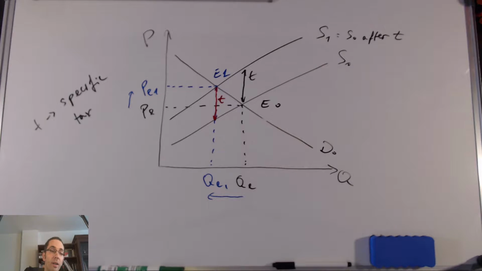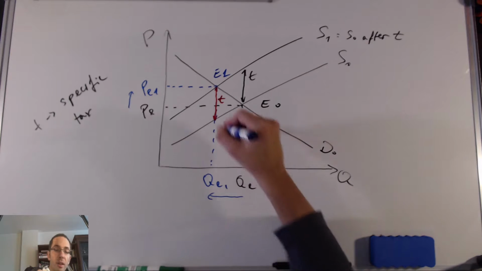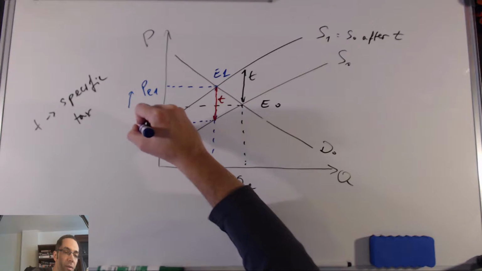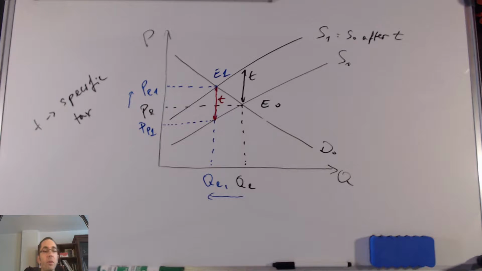And while the consumers are paying PE1, the producers are actually going to receive, let's call it P1. So the price for the producers. And we can compare the two prices before and after to see how the producers were affected and how the consumers were affected. The consumers were paying the original price PE, and now they're paying the higher price PE1.